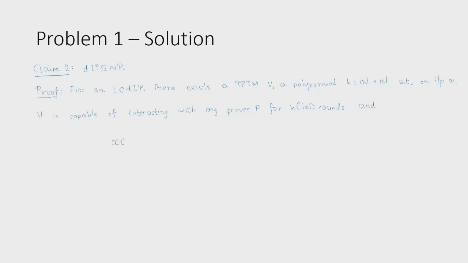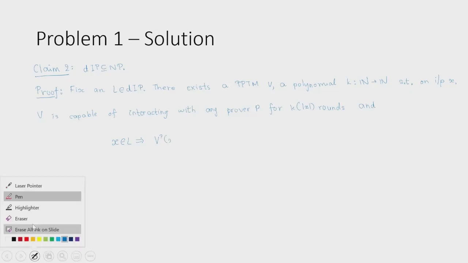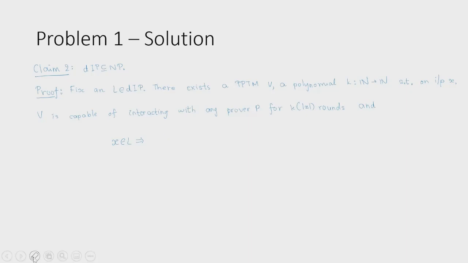X is in L implies there exists a prover P such that the output of V with P on X is equal to 1, and X not in L implies for all provers P, the output is equal to 0.